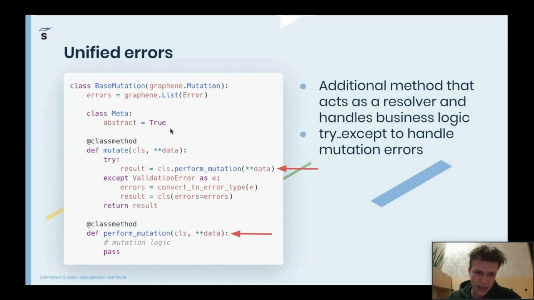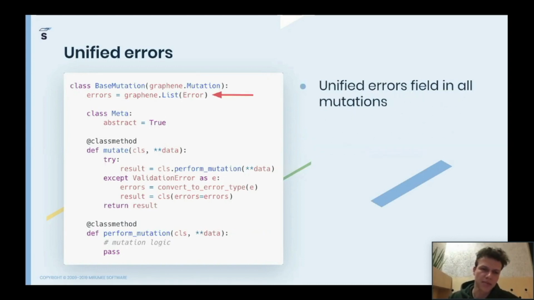This perform mutation function is wrapped with a try except block, which looks for any validation error that could happen during execution of that mutation, and it does some job to format it nicely. We don't have to care at this point what it does, but this is one of the responsibilities of this base mutation class.